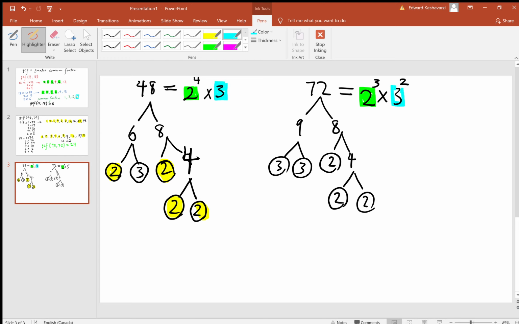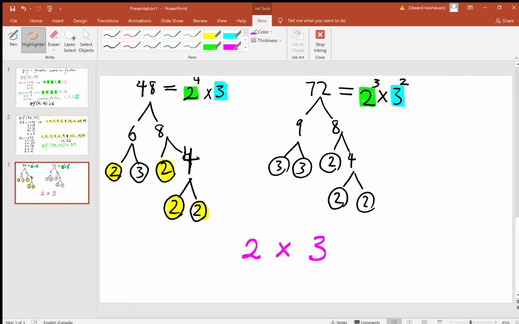Also here we have 3. Now, I'm going to write here the common bases, which are 2 and 3, and then I choose the lowest exponents.